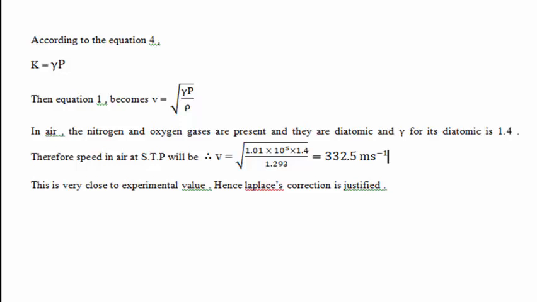Once you substitute all these values, you get a velocity of sound nearer to 332.5 meter per second, and this value calculated by Laplace is nearer to the experimental value. So this is very close to the experimental value, hence Laplace corrected Newton's formula. Hence, the Laplace correction is justified.